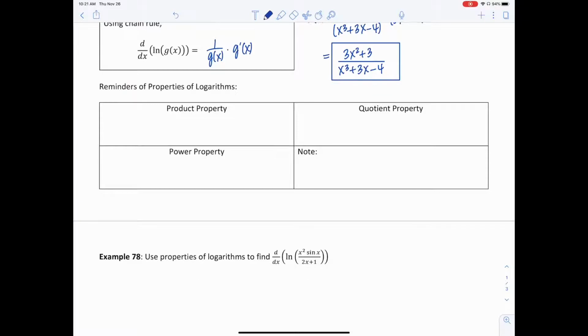Okay, let's review some properties of logs, which you would have learned in Algebra 2 and again in pre-calc.